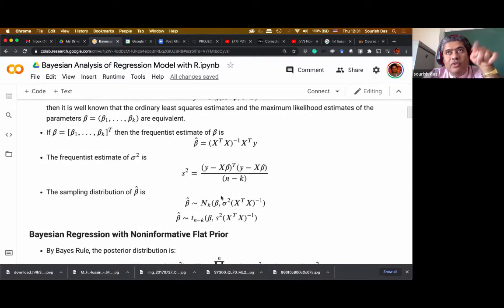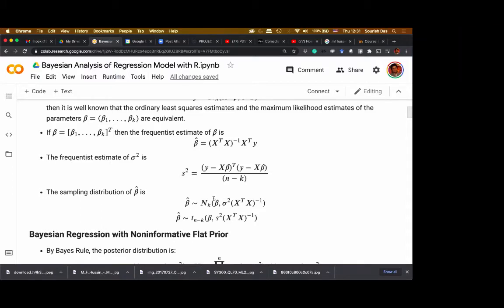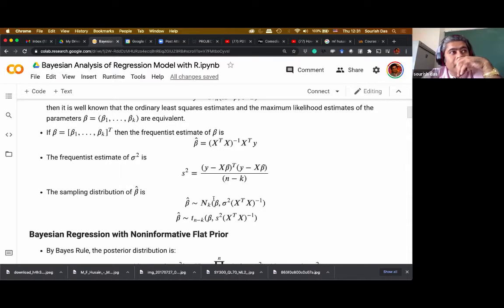That kind of transformation is a bit of a cumbersome derivation, but if you go through Anderson's book, it's a very old book which has the derivation, you can show that this beta hat follows a T distribution with n minus k degrees of freedom.